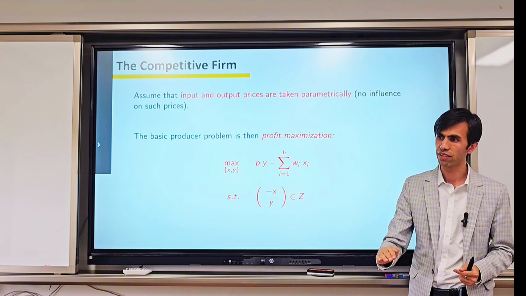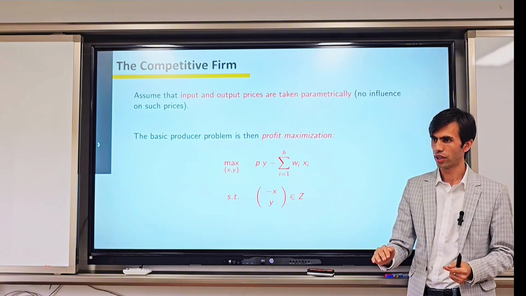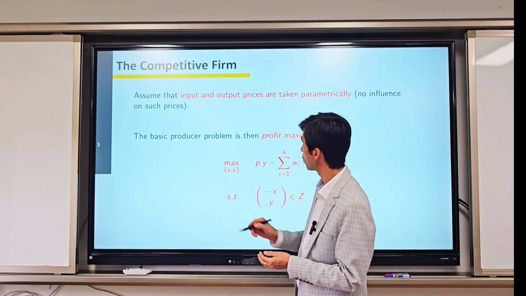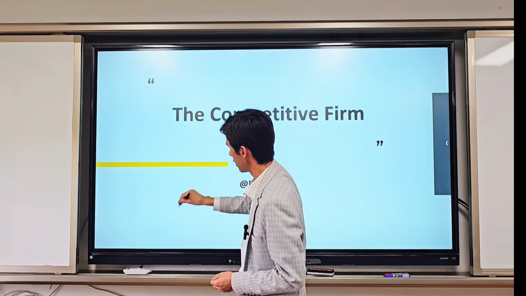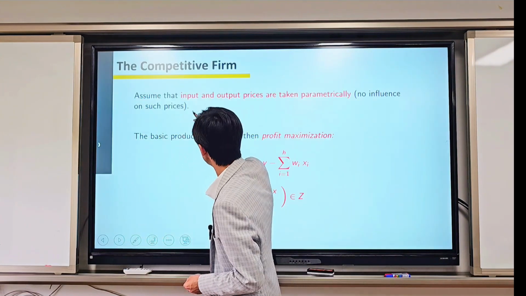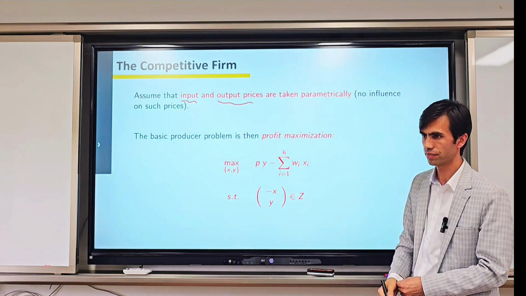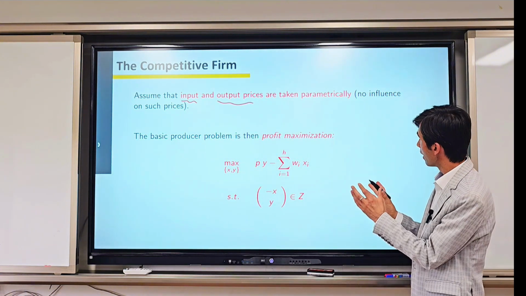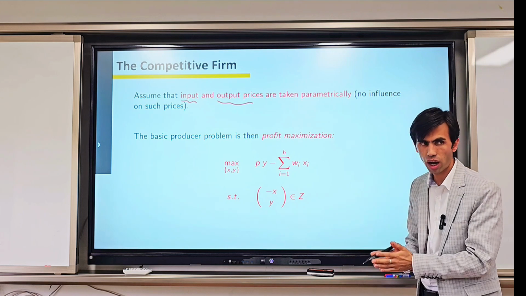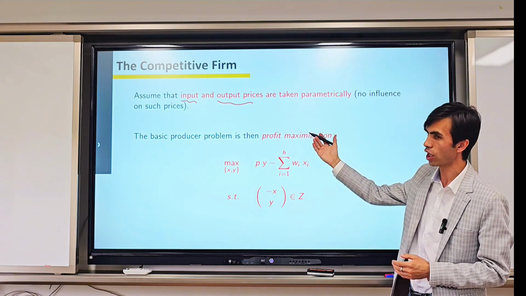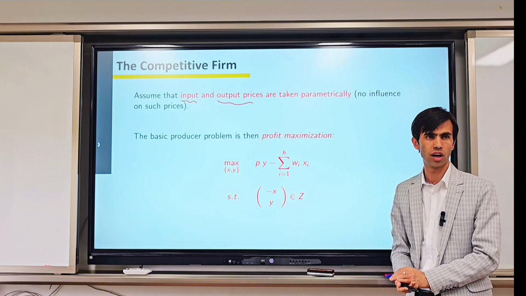Price is already given by the market. We do not have the power to change the price. The price of input is already given, and also the price of output is already given. And we need to maximize our profit based on the given input and output prices.